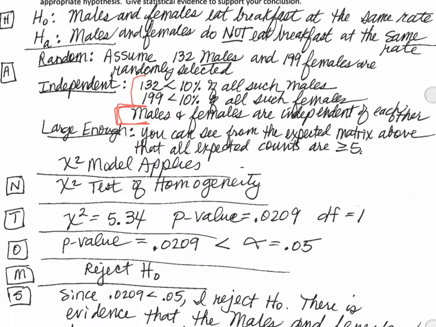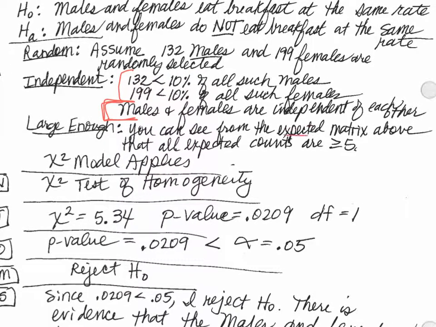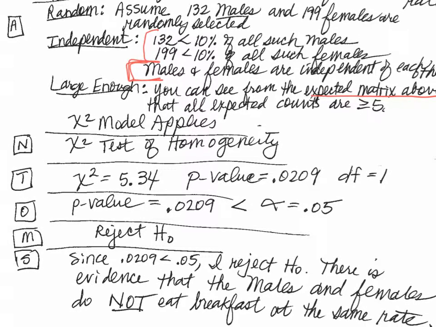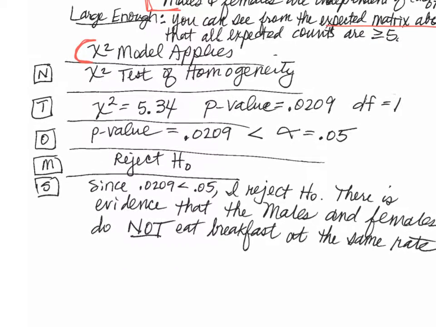Now, here, you can see from the expected matrix above, that's why I had it labeled and referenced, that all expected counts are greater than or equal to 5, and that is met. So don't forget to summarize with your chi-squared model applies. All right, the name of this one was the chi-squared test of homogeneity because it was two populations with just one category.